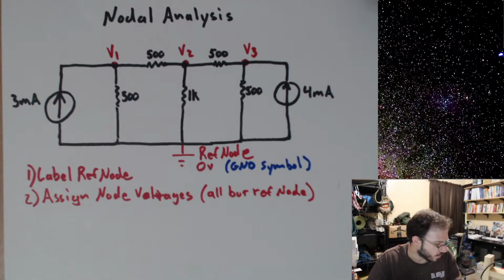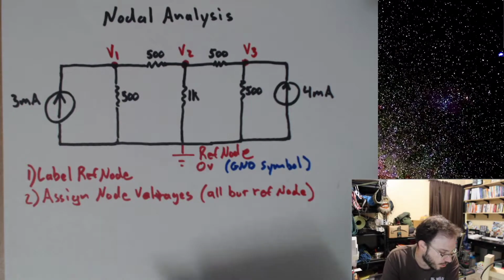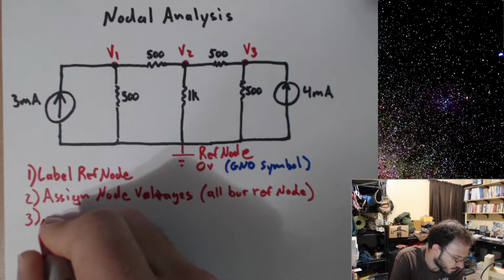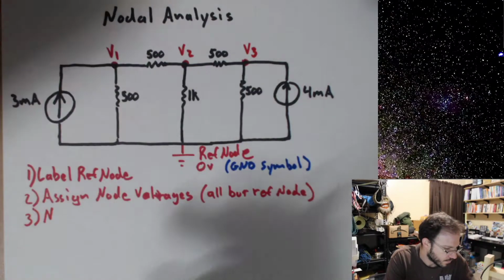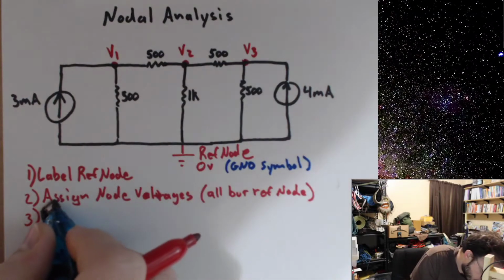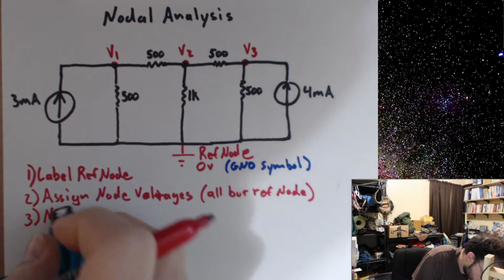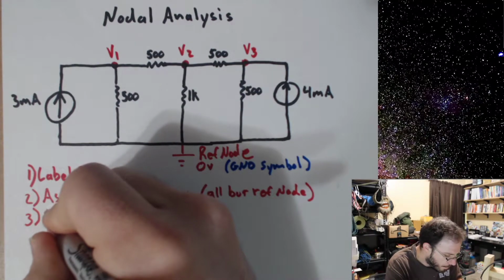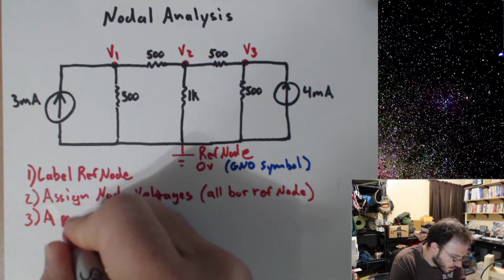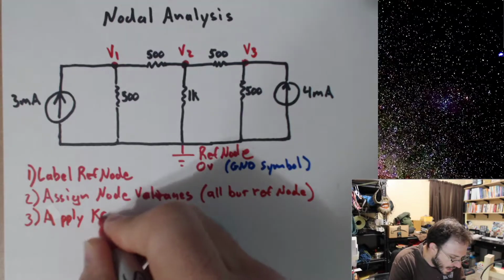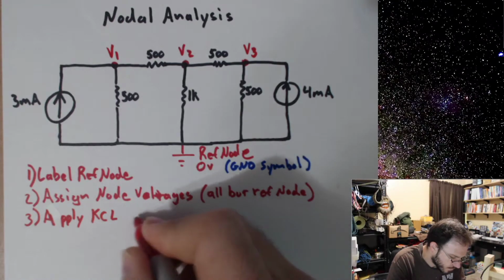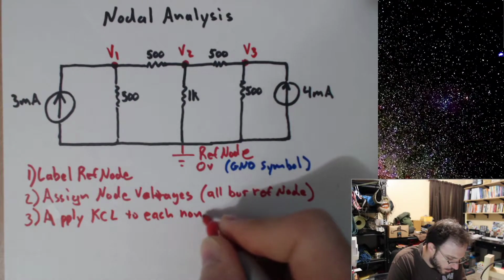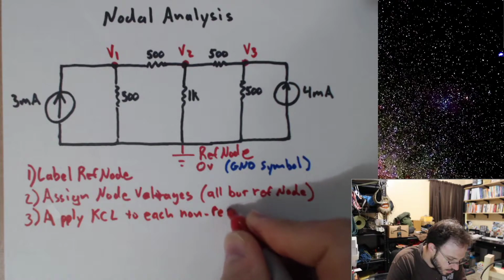We've assigned our node voltages. Our third step is to apply KCL to each non-reference node.